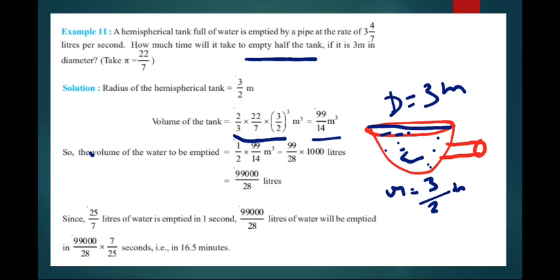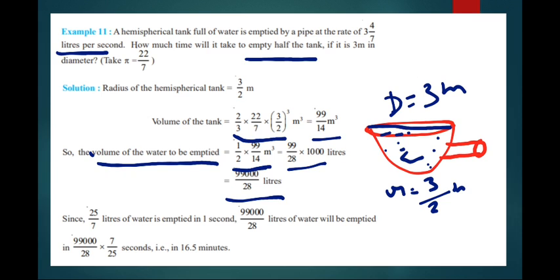That means the volume of water to be emptied is equal to half into the volume of water, that means this much meter cube. Because liter per second is given, if you want to convert to liter, you have to multiply it by 1000. So you have to empty this much liter of water.